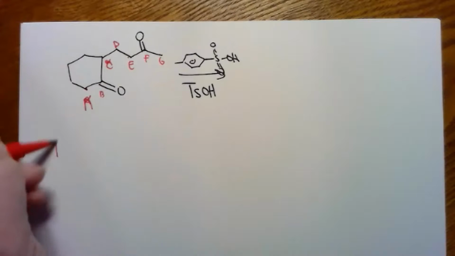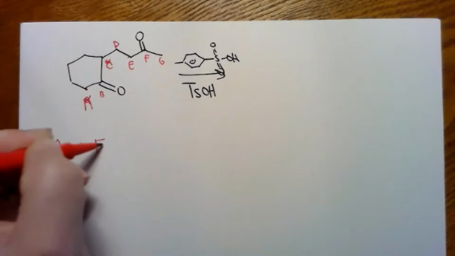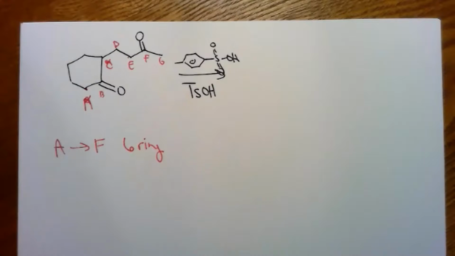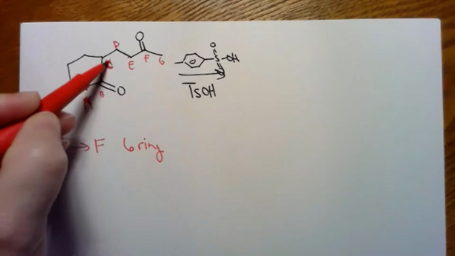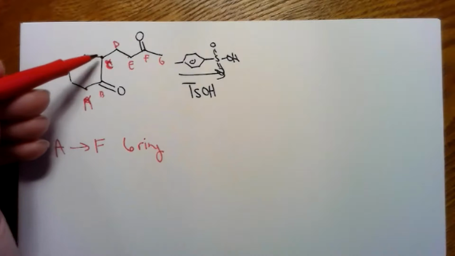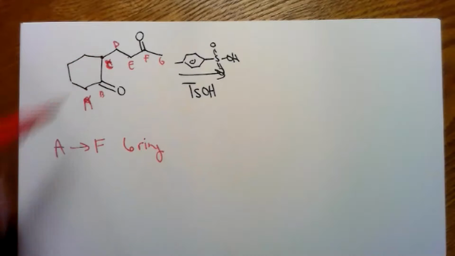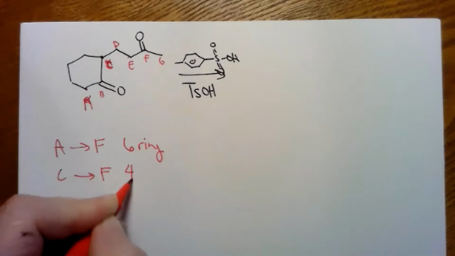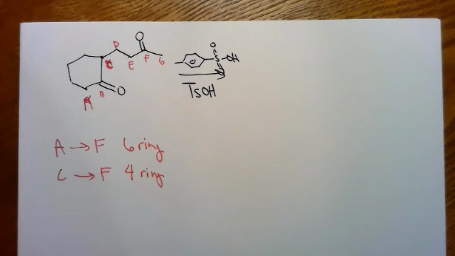So carbon A would attack carbon F, and it would make a 6 ring. If carbon C were my nucleophilic carbon instead, carbon C could attack carbon F, and it would make a 4-membered ring. That's not the greatest. 6 sounds much better.